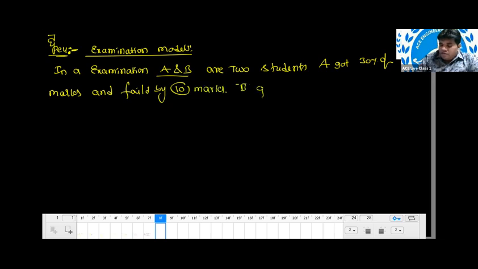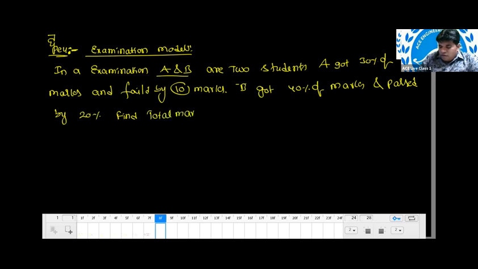B got 40% of marks and passed by 20 marks. Find total marks, individual marks, and also pass marks.